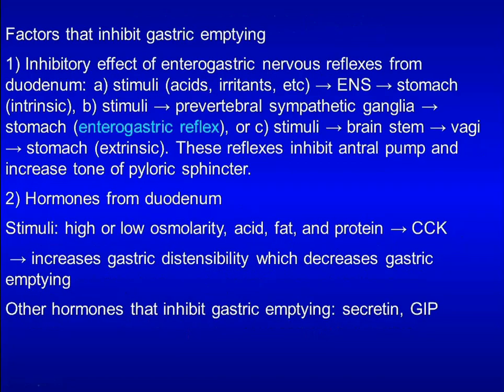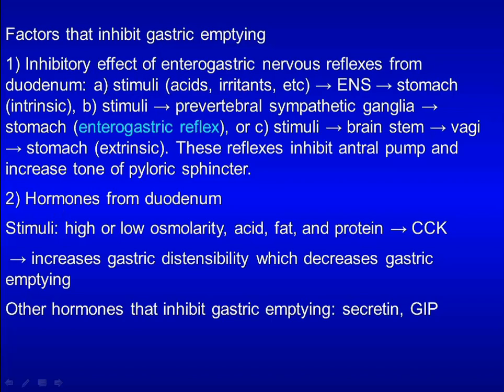Factors that inhibit gastric emptying are derived from nervous reflexes and hormones. Three nervous reflexes from duodenum provide inhibitory effect. First, stimuli such as acid irritants in the duodenum activate receptors in the epithelium.